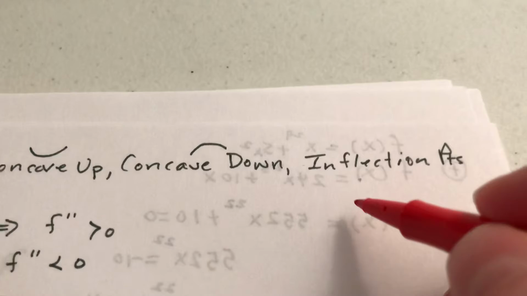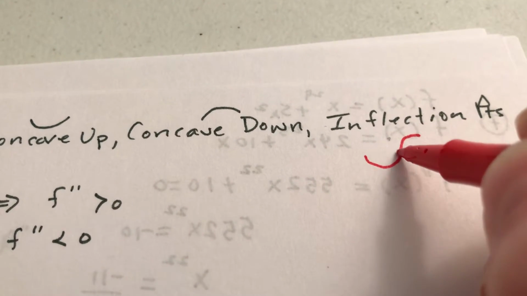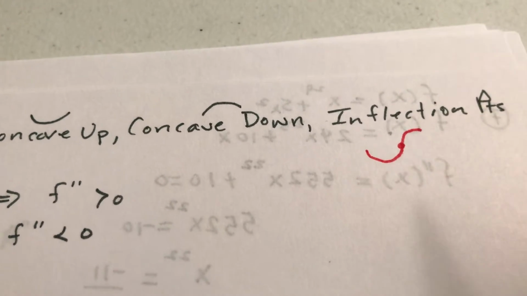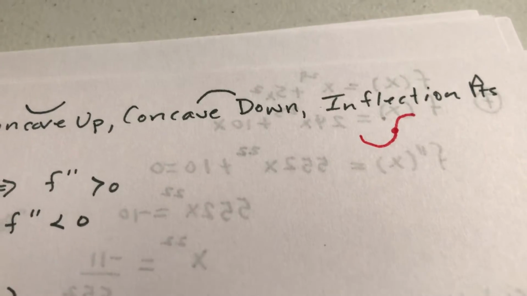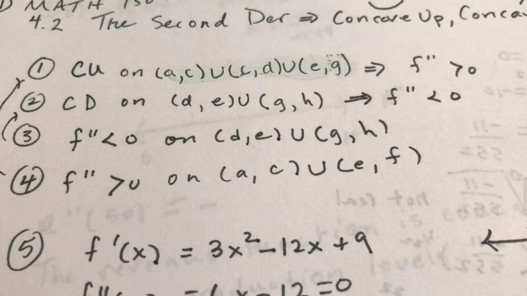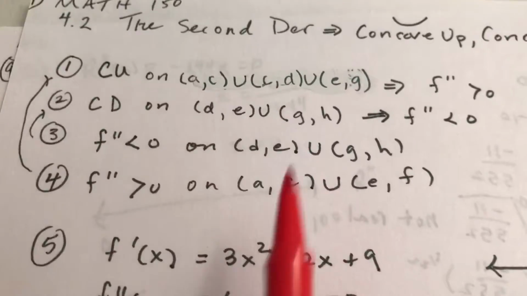And remember, an inflection point is something like it goes from concave up to concave down. That is kind of like an S hook. It's concave up, concave down, or just the letter S.